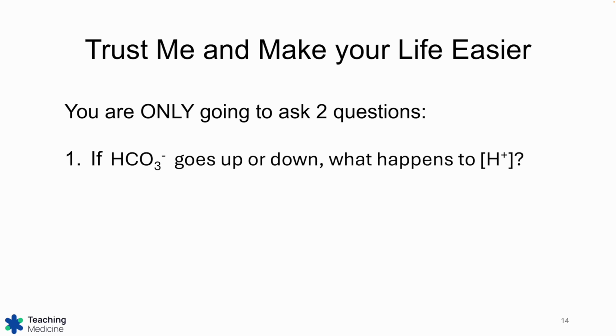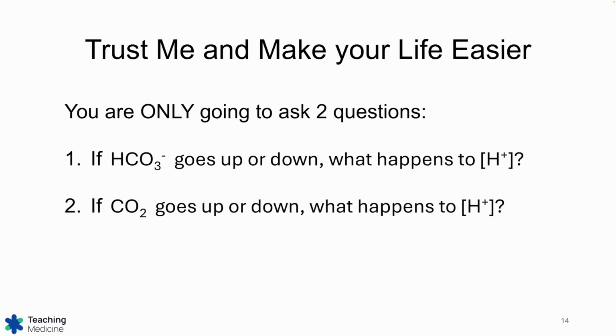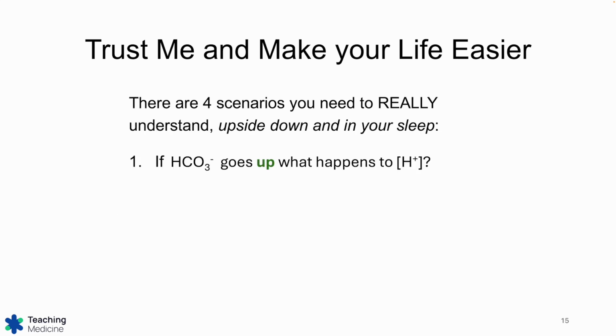The first question is, if the bicarb goes up or down, what happens to the hydrogen ion concentration? And the second question is, if the carbon dioxide goes up or down, what happens to the hydrogen ion concentration? Trust me, make your life easier.